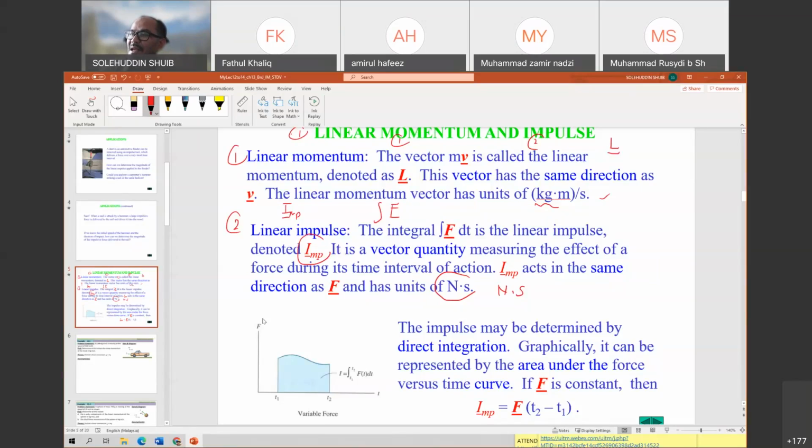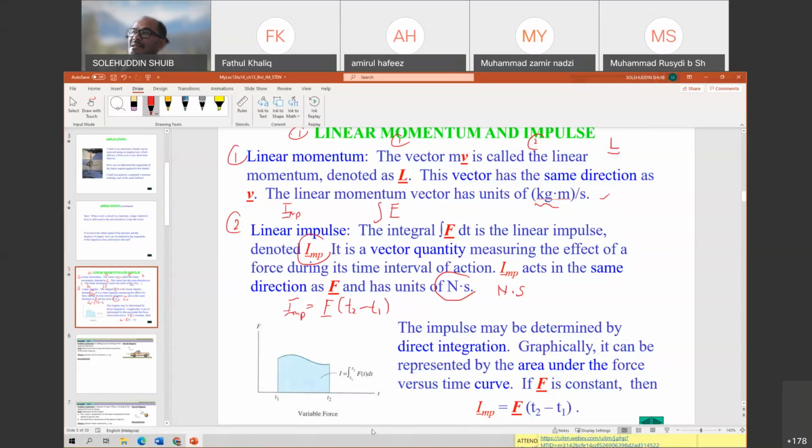Basically, impulse is the area under this curve from t1 to t2. If the value of F is constant, meaning it doesn't go up and down but goes in a straight line here, we can straight away write the impulse equal to force times (t2 minus t1).